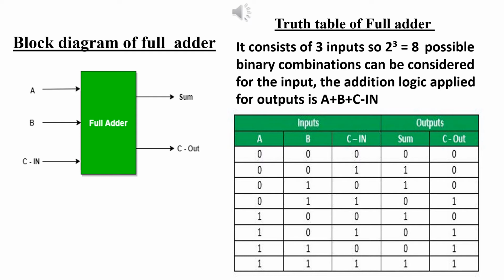It consists of inputs A, B and C in and outputs sum and C out. We can have the input values from 000 to 111. So 8 possible binary combinations can be considered to obtain the output parameters sum and C out. You can see the binary values of sum and C out in this truth table.